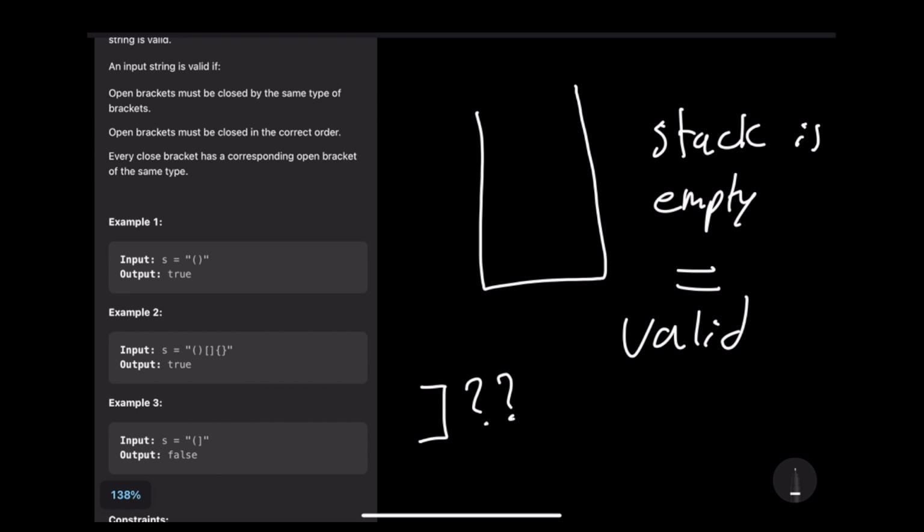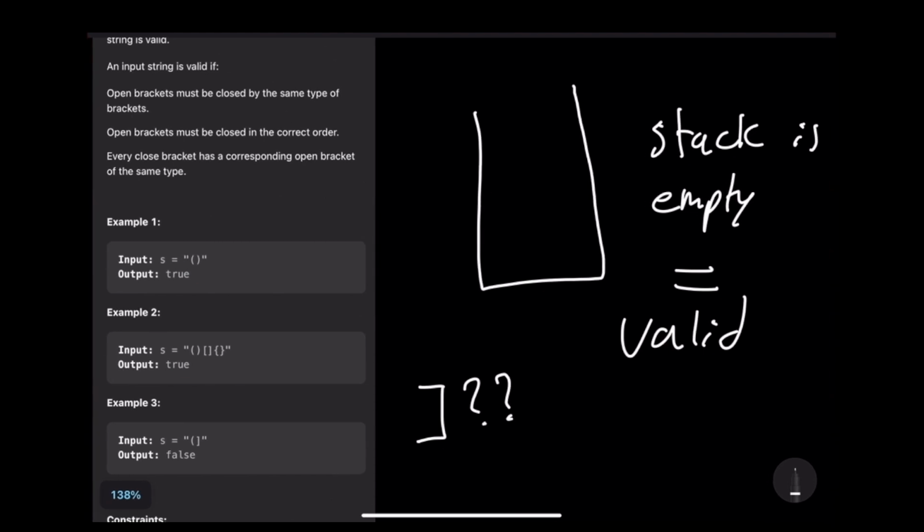Oh, so basically, right, okay. So now I'm starting to see it. So in the case where the stack is empty and we see a closed, we know there's nothing open because there's nothing in the stack. So this must be invalid.